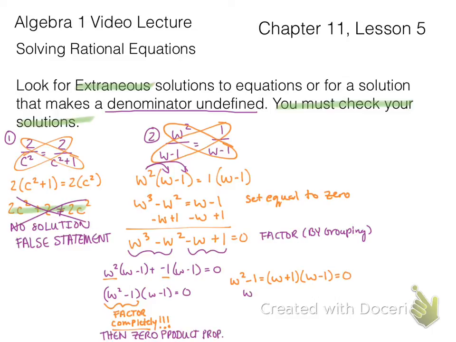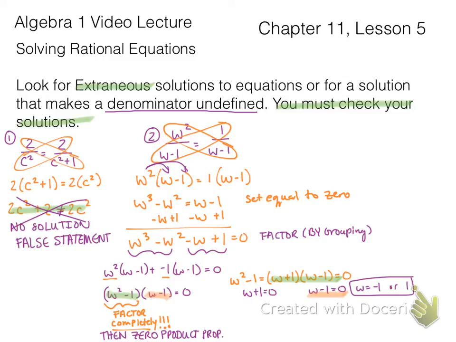We're going to do zero product property, but we're technically doing it 3 times. The only thing is that one of them is exactly the same. So even though I had to factor this completely to get here, this one right here is the same as that one. So really you only have to do it twice, only because it happens to be a repeat. So pay attention to that. So we end up getting w equals -1 or +1.